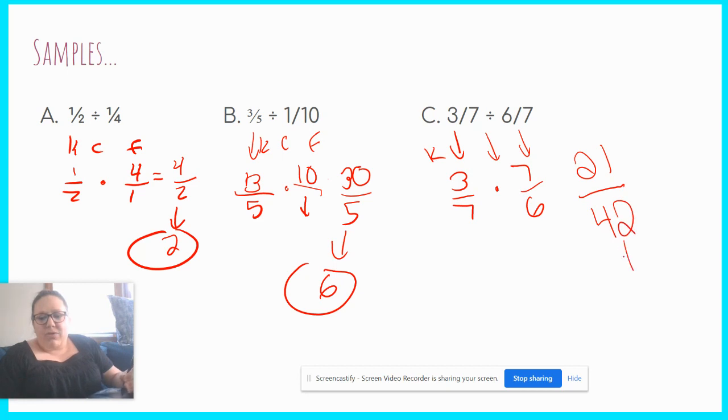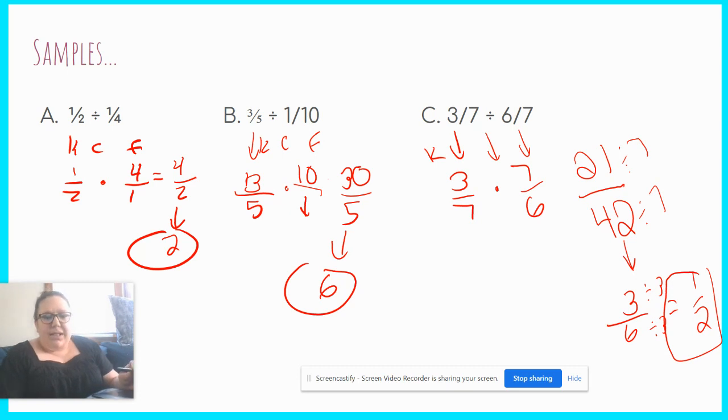And then if you divide these both by 7, because these are both divisible by 7, 21 divided by 7 is 3. 42 divided by 7 is 6. And then we can continue to divide those, again, both by 3, which would become 1/2. So that one's a little trickier to simplify, but we did it.